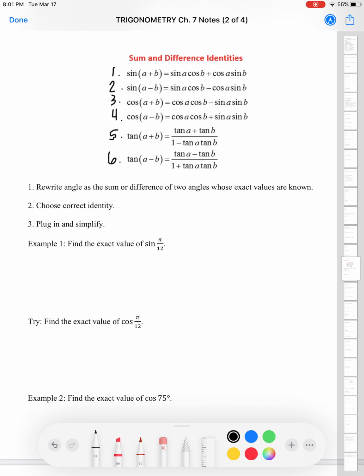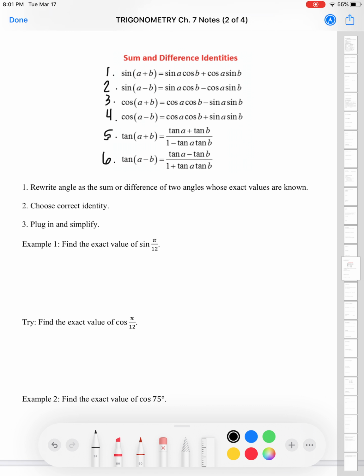So here are your steps. Rewrite the angle as the sum or difference of two angles whose exact values are known. Those exact values you want to get from the unit circle. I also apologize for my awful handwriting; my stylus is not very good.